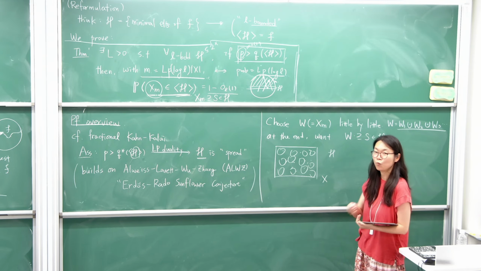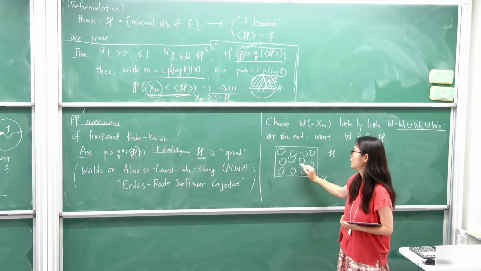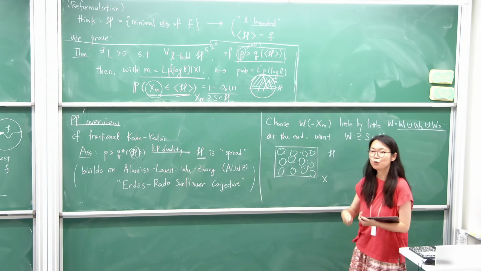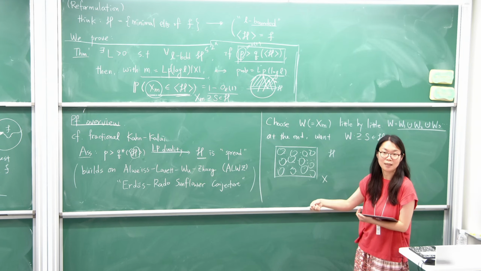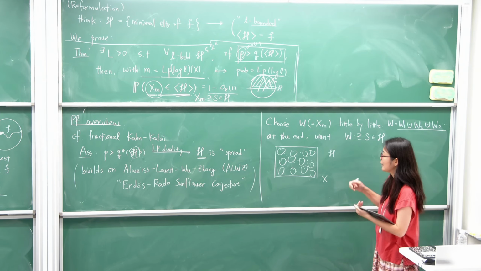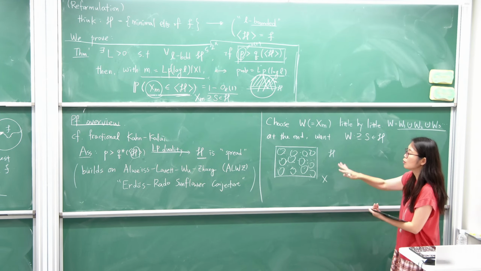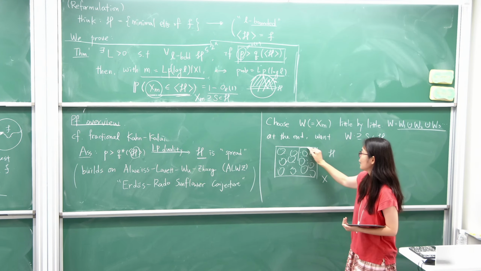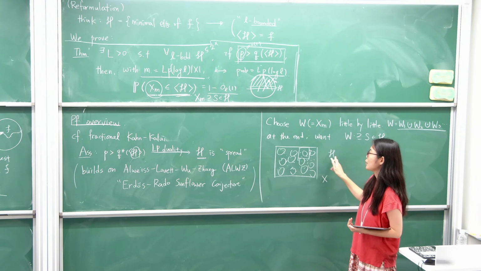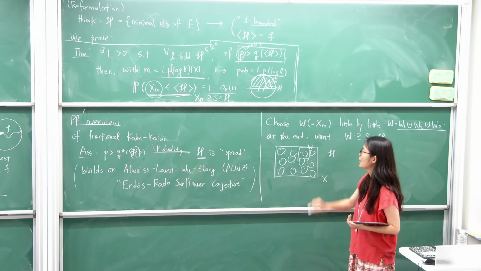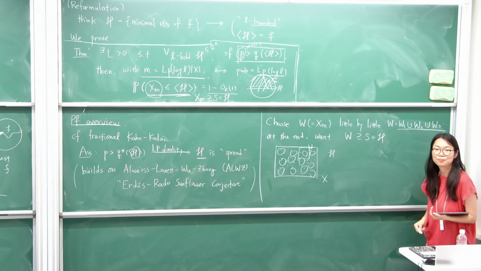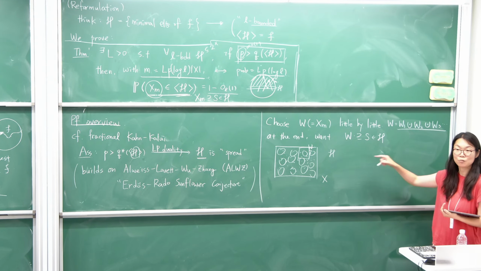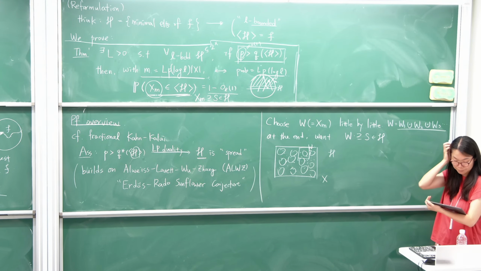In the second step, we add some more random elements, and we do this a certain number of times. At the end, if we take the union of all of the random elements sprinkled so far, then there exists at least one member of H that is contained in our final random set W. This is what we do in that work.